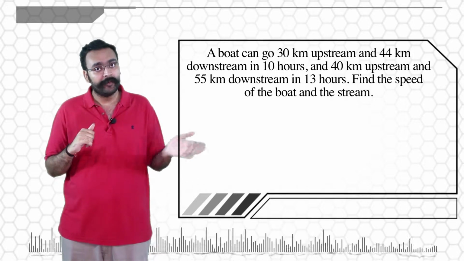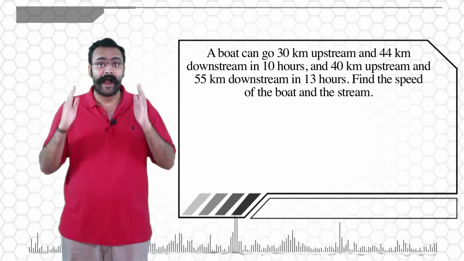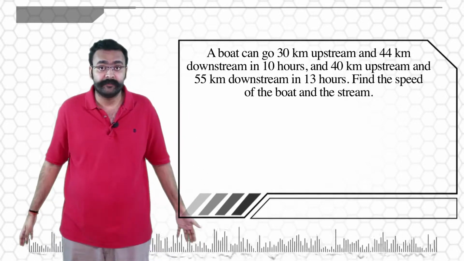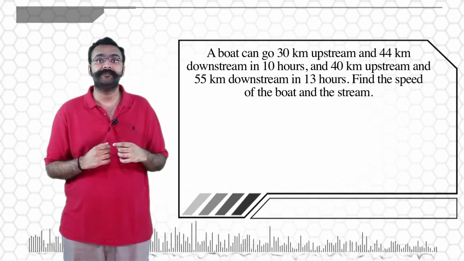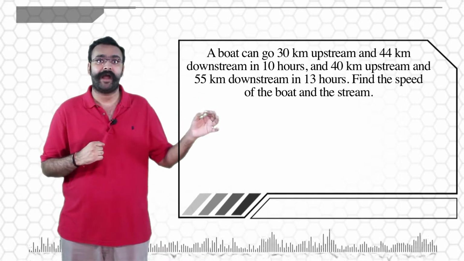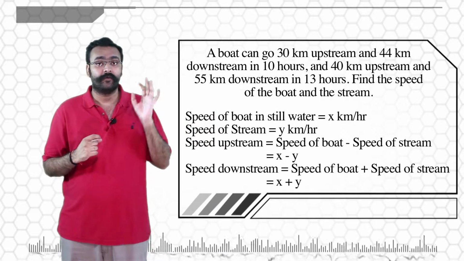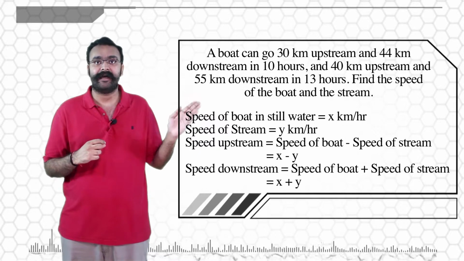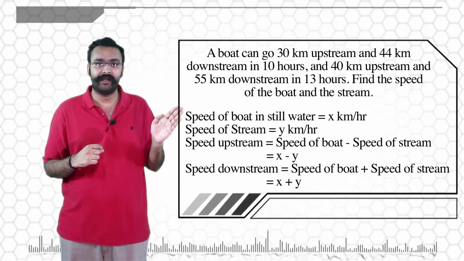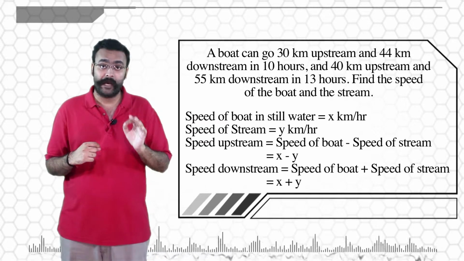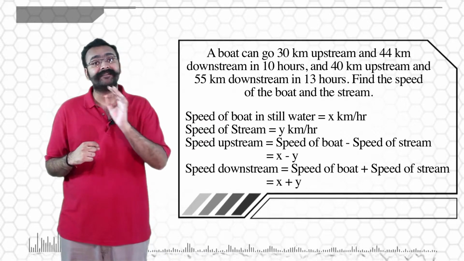Similarly, if I am going downstream, I'm going at x and the stream is pushing me along at a speed y. So my speed becomes x plus y. So we take the speed of the boat going upstream as x minus y, and the speed of the boat going downstream as x plus y.